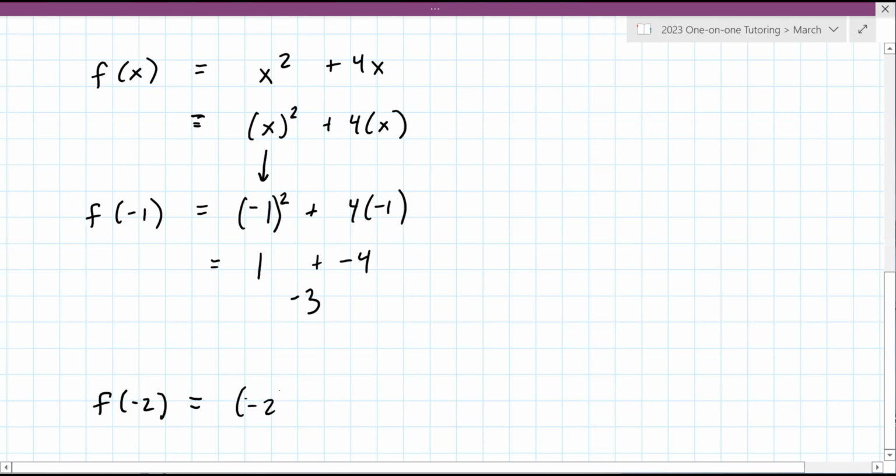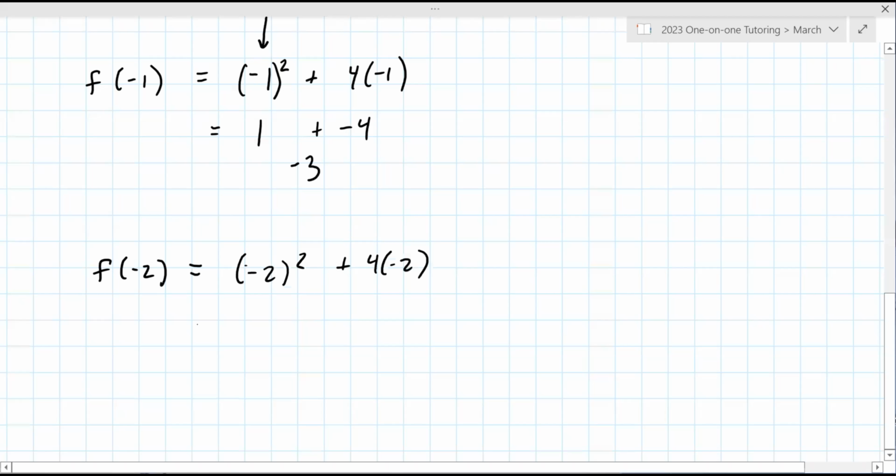I got -4. Okay. So -2 squared is 4. -2 times -2 plus -8, and that is -4. Good. Okay.